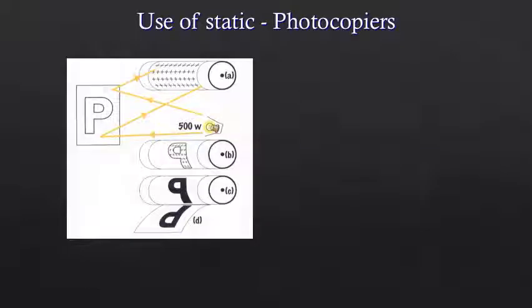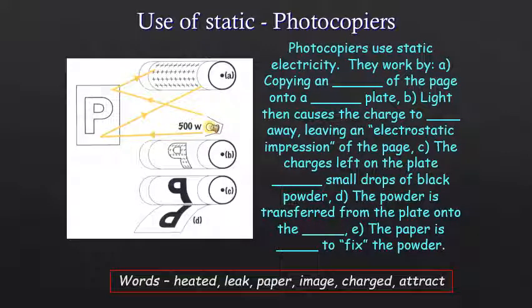And in further detail, you see it here. The photocopier uses static electricity, electrostatics, and the way it works is that you are copying an image of the page onto a charged plate, and then the light causes the charge to leak away, leaving an electrostatic impression of the page.